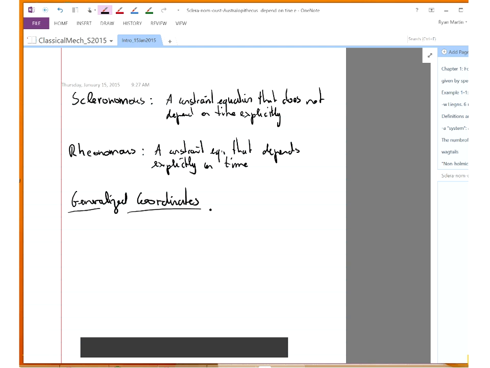Okay, so generalized coordinates, the idea is that we start by describing a system with the x, y, and z position of every particle and rigid body in there. Then we apply constraint equations, and we end up with a more limited set of coordinates or numbers to describe our system. And so that limited set is what we call generalized coordinates.